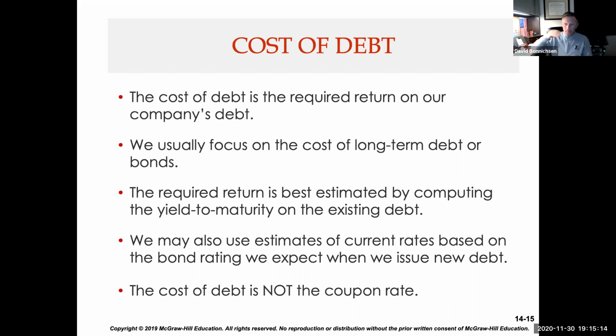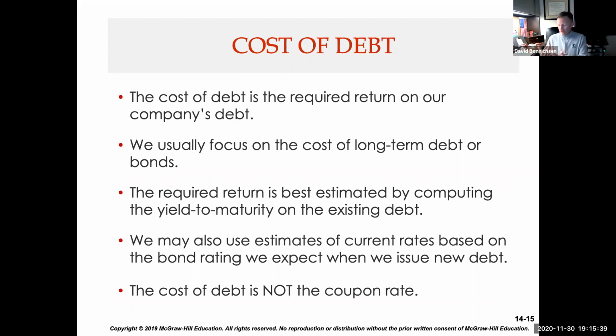The required return is best estimated when we compute the yield to maturity on our existing debt. That is the expected return in the market. The prevailing market rates dictate what the current price of our bonds is worth.